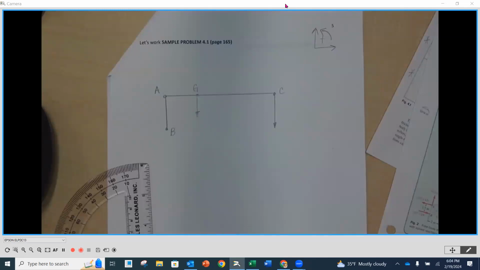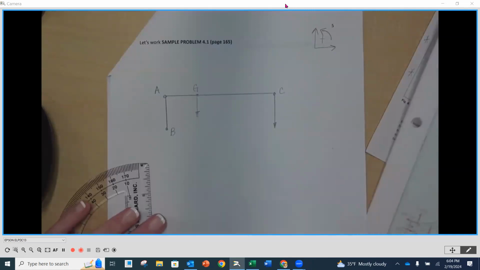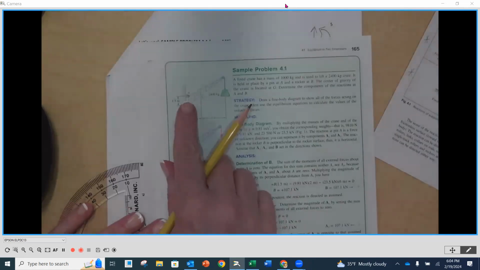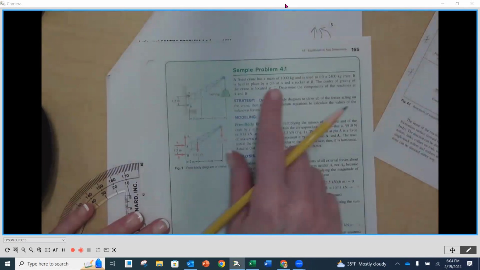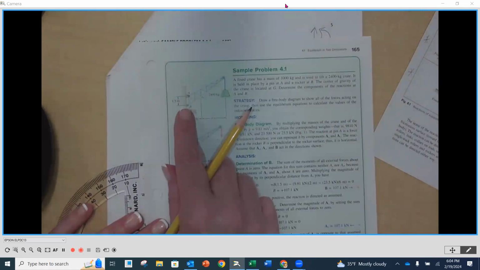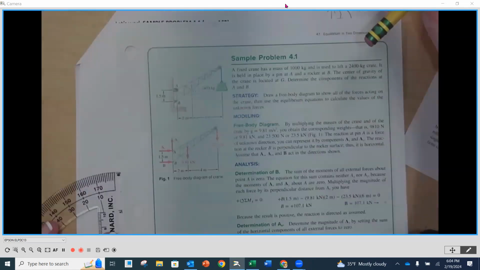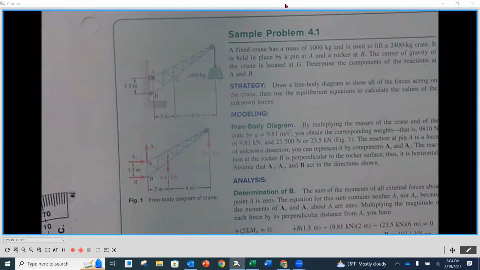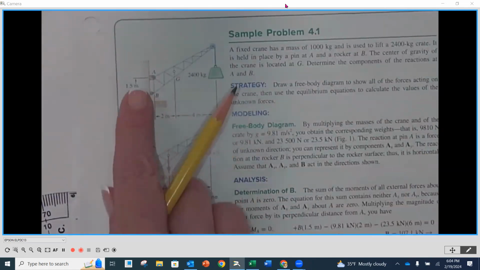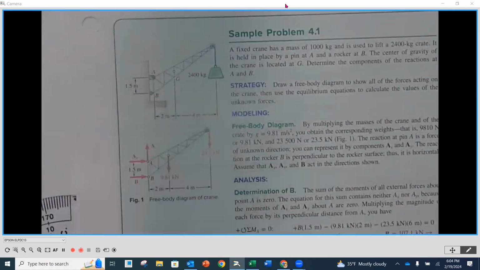Now I want you to look at each one of the supports. The support at A is identified as a pin, and it tells us that in our problem, and the support at B is a rocker, or it's like a roller. So the surface that it's rolling on or rocking on is vertical.